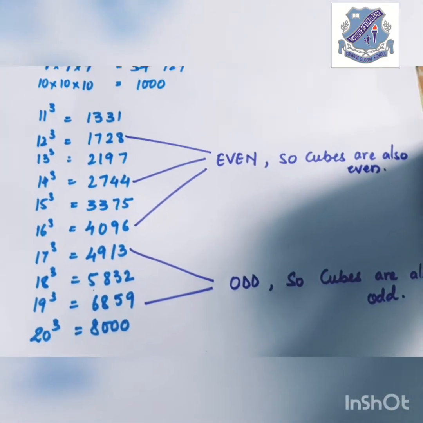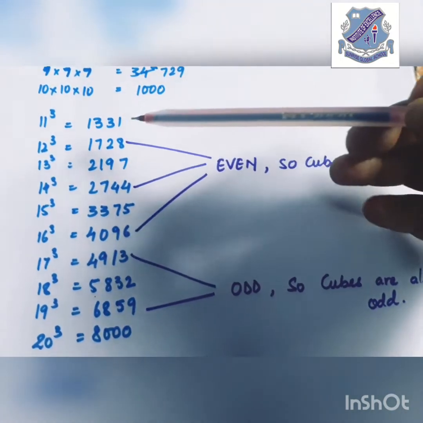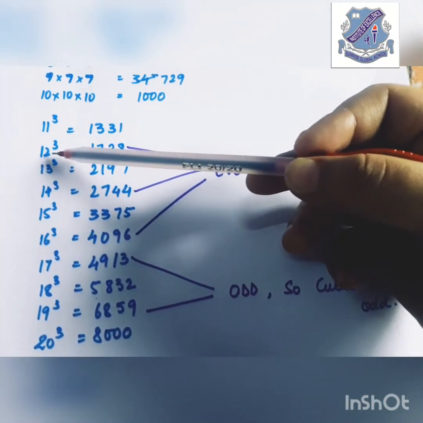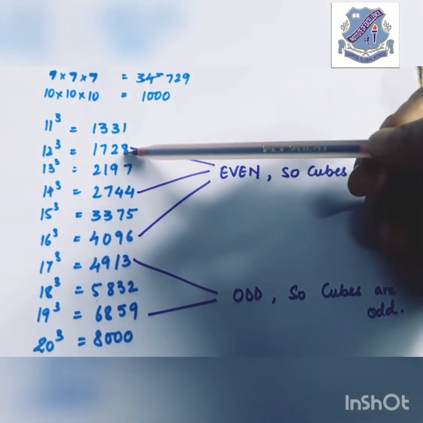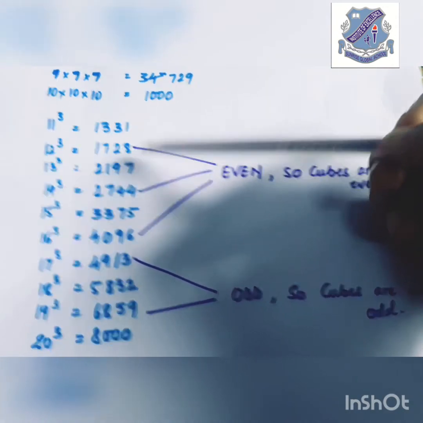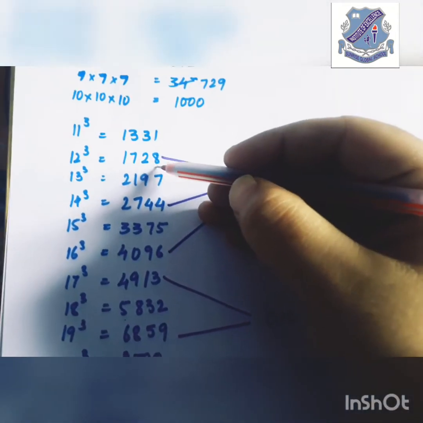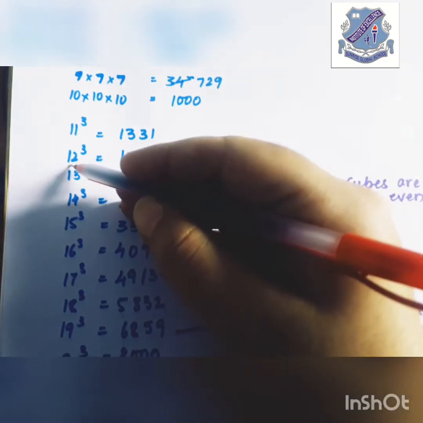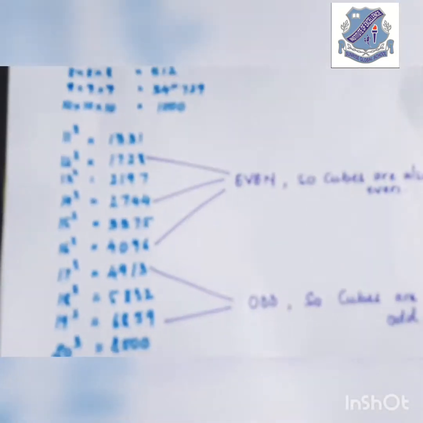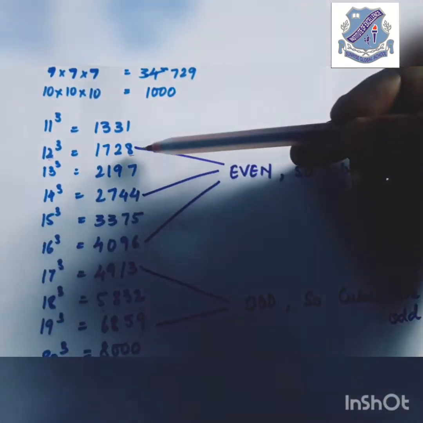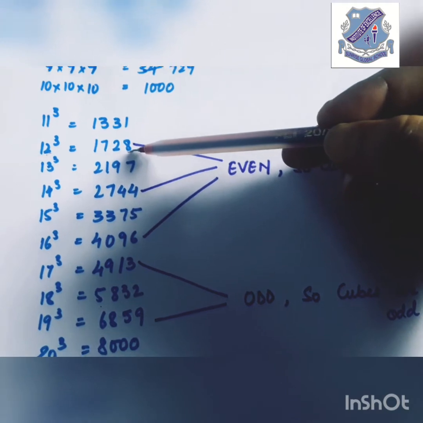Now another thing is that when we see the cube of all the even numbers, for example the cube of 12, because 12 is an even number, here the unit digit is 8, and here the unit digit is 2. This is an even number, and hence the cube of this number is also an even number.